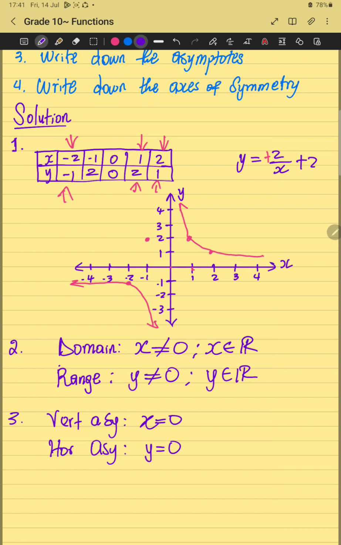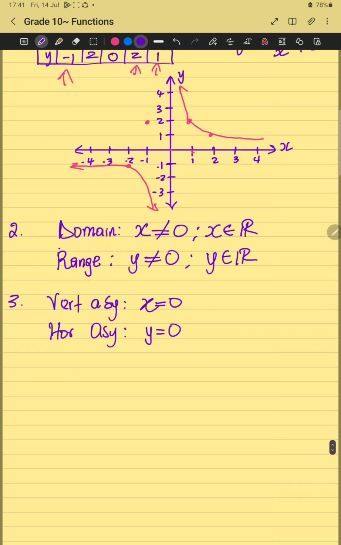Okay. And then the last question, write down the axis of symmetry. Simply, because in this graph the asymptotes are at 0, 0, that means y is equal to x, and also y is equal to negative x.